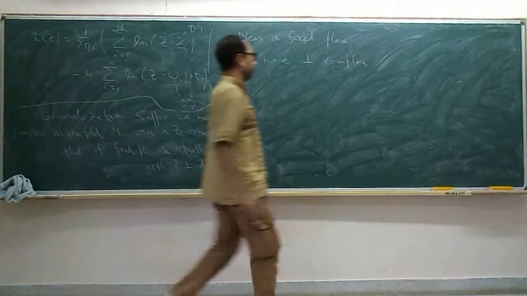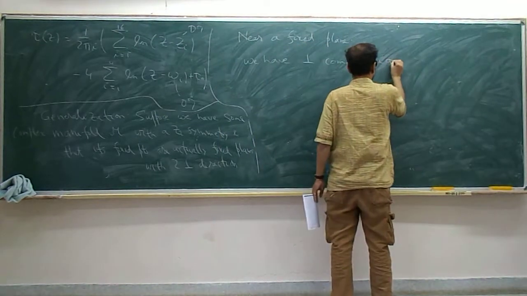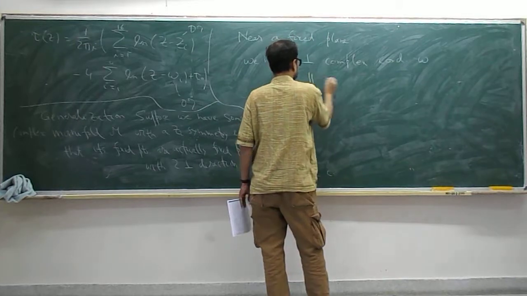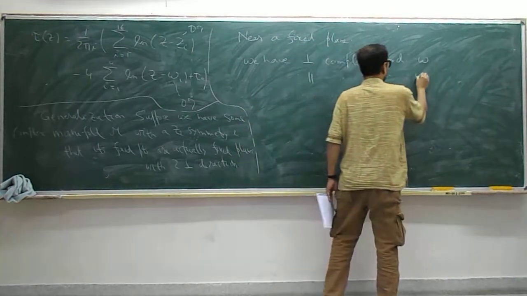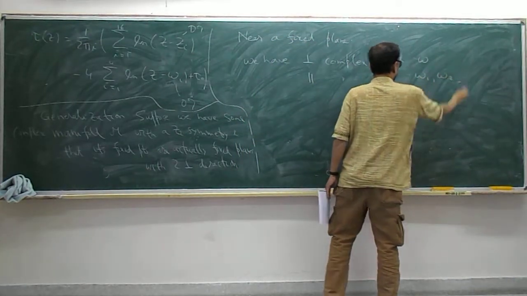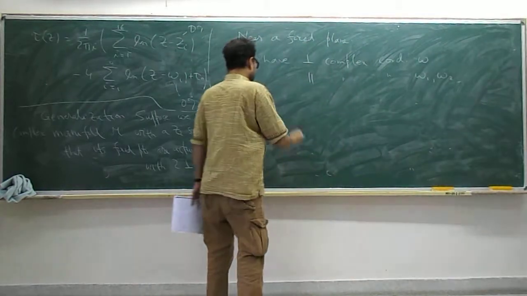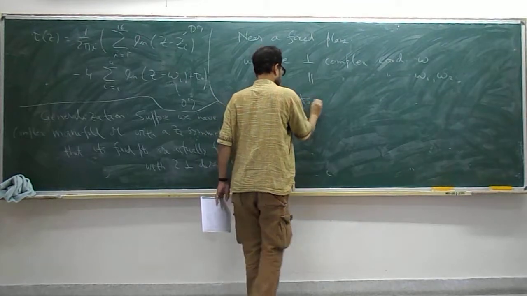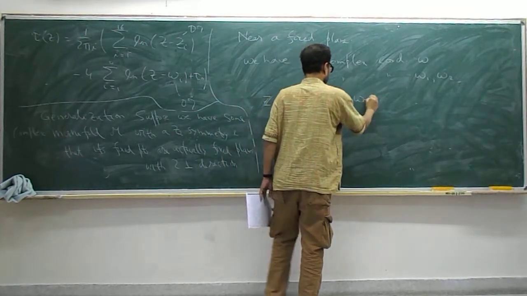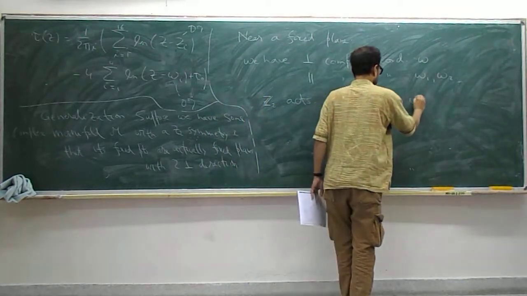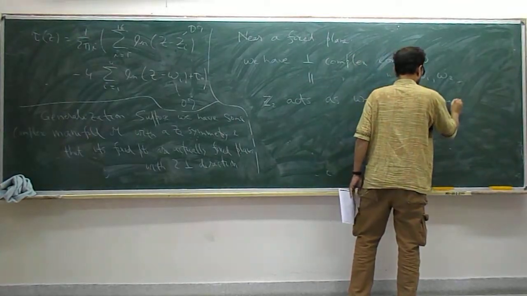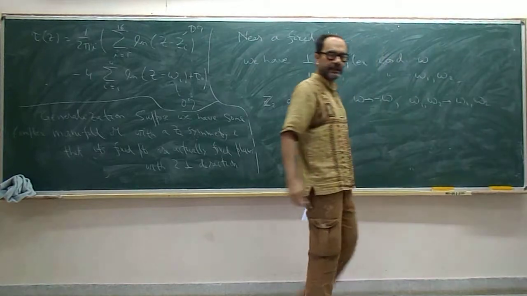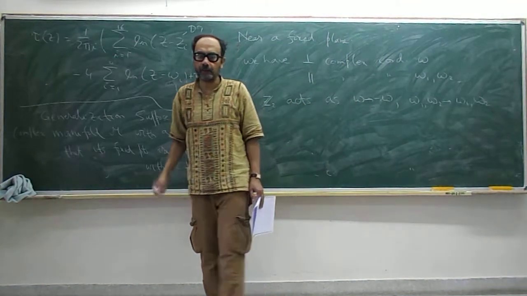So you have a transverse complex coordinate W and tangential complex coordinates which you can call W1 and W2. And then the Z2 acts as W goes to minus W and W1, W2 goes to W1, W2. That's the reason why it's a fixed plane, right?